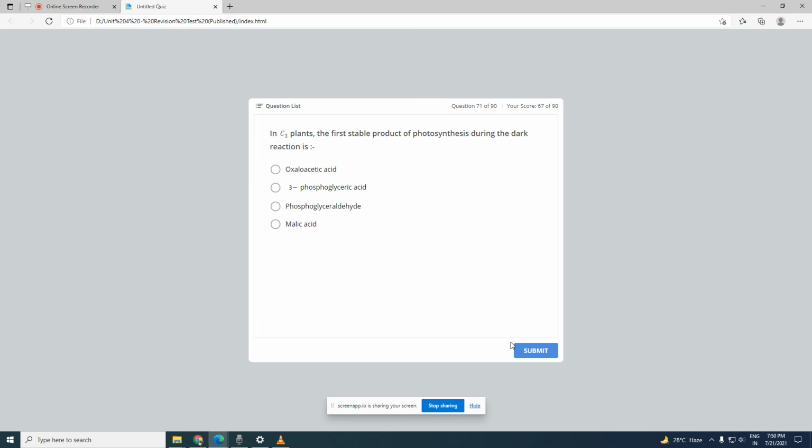In C3 plants, the first stable product of the photosynthesis during the dark reaction is oxaloacetic acid, 3-phosphoglyceric acid, phosphoglyceraldehyde. Very long sentence, very difficult to pronounce. Option D is the malic acid. Which is the right answer? I have to think twice also. I gave three wrong answers already, isn't it?